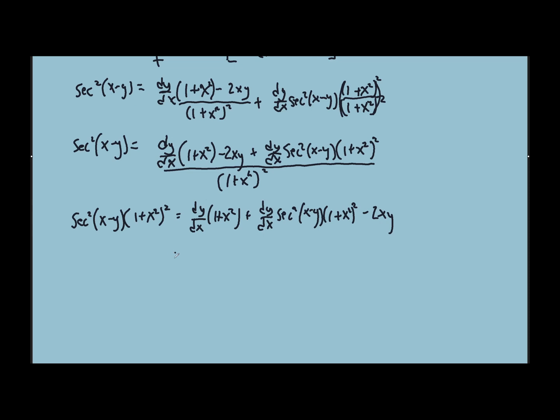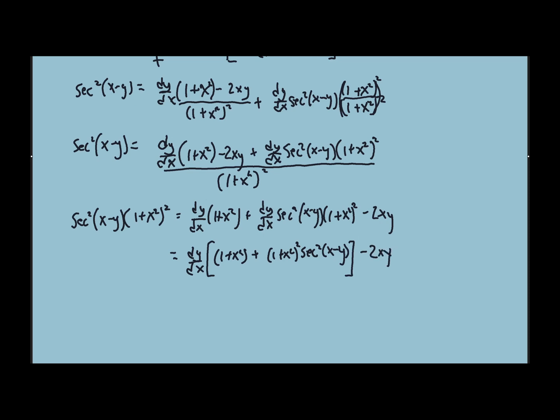So we can factor dy dx times (1 plus x squared plus (1 plus x squared) squared secant squared (x minus y)) minus 2xy.